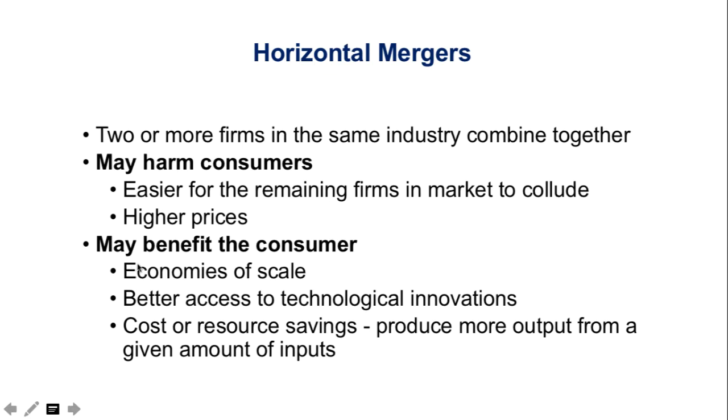But there is also a possibility of benefiting consumers through economies of scale and better access to technological innovations, because together they have a higher level of capital and can afford better technology for customers. There may also be cost or resource savings that produce more output from a given amount of input, meaning the same personnel or hospital beds or rooms can serve more patients.